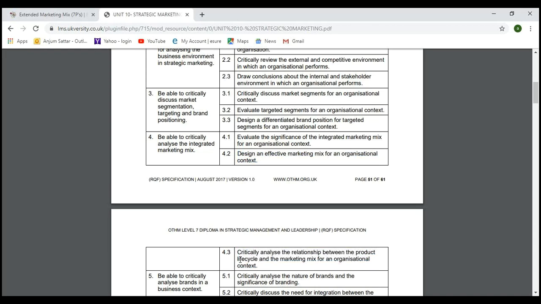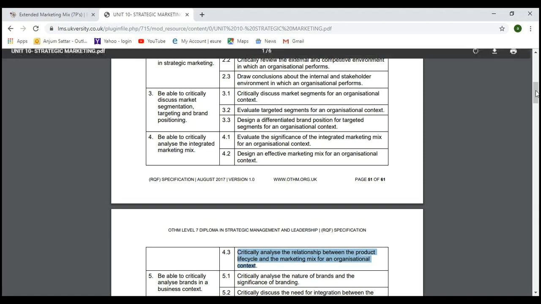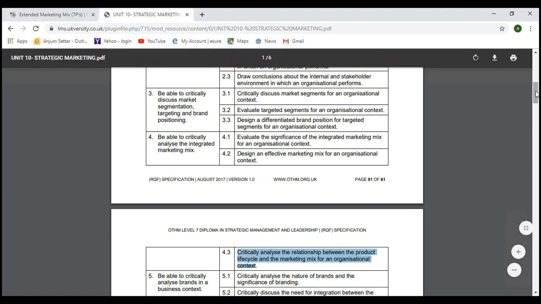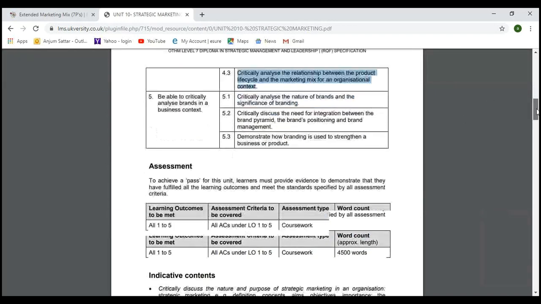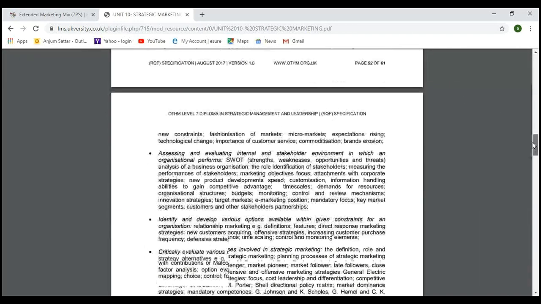Then the product life cycle, which I discussed during the last lesson as well. The product life cycle has different stages, such as growth, and there are pricing strategies and objectives. So we need to look at the life cycle and the role of the marketing mix within it.